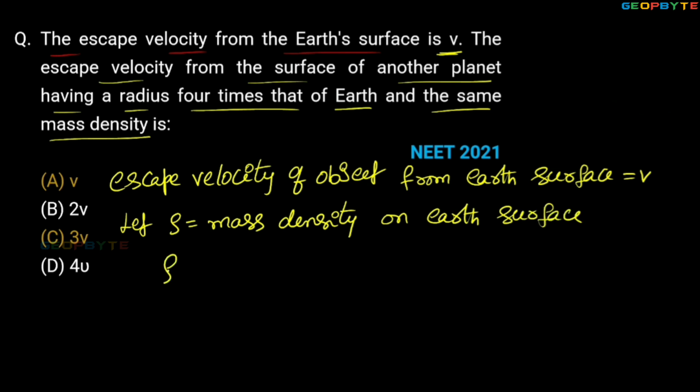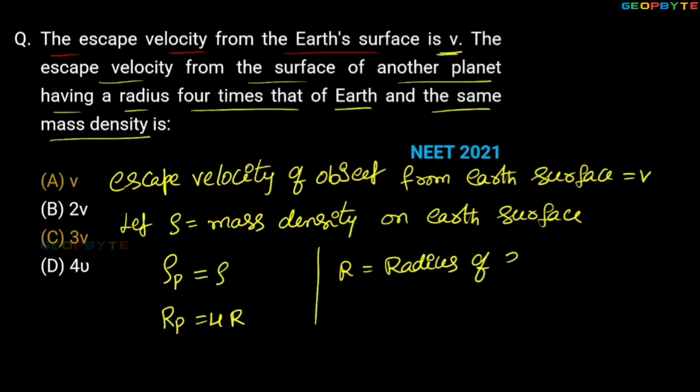It is given that the mass density at the planet surface equals the mass density at the Earth surface, and the radius of the planet equals 4 times the radius of the Earth. Here capital R equals the radius of Earth. Then what is the escape velocity from the planet surface?